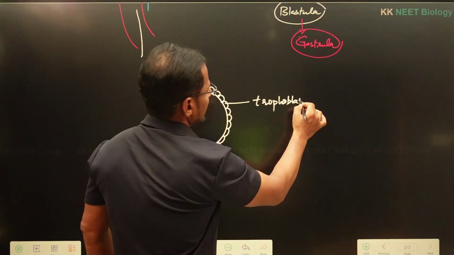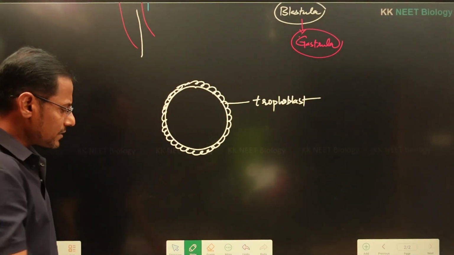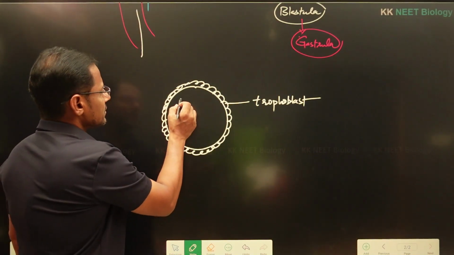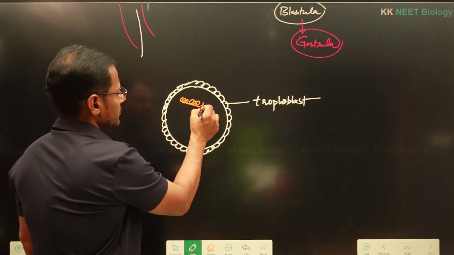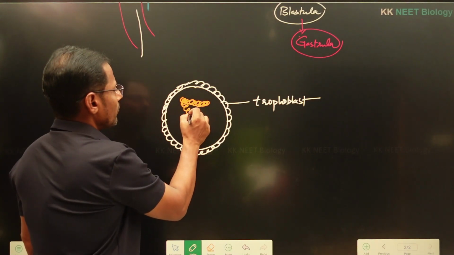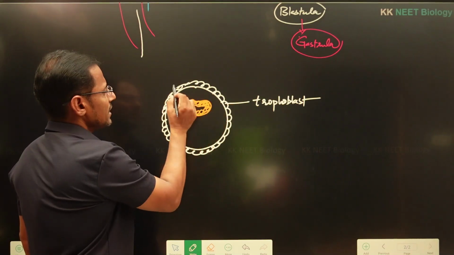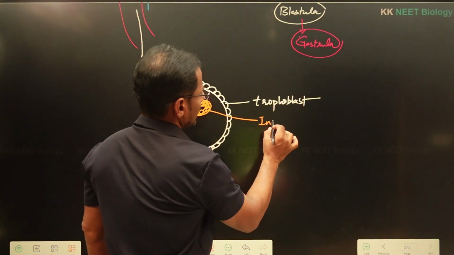We can find the outermost layer as the trophoblast, and if you observe the inside, we can see a group of cells formed as a mass of cells. This is known as the inner mass of cells.